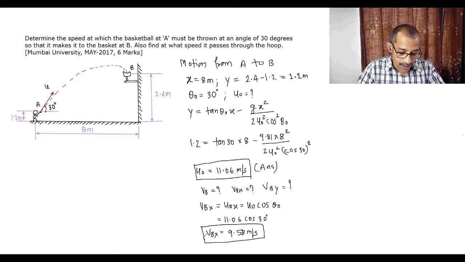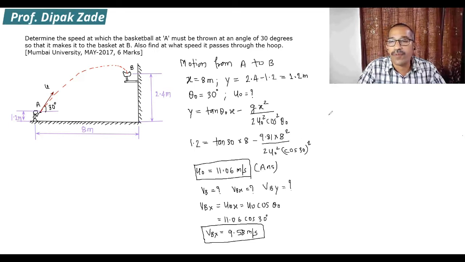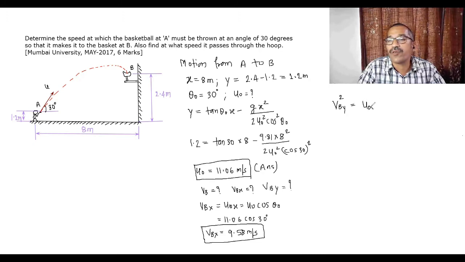Now to find the vertical component, u0y is easily possible because u0 is known and theta 0 is known. You know y also, that is 1.2 meter. That means VBY is easily possible applying our equations of motion. Vy square means final velocity. Here final is B. Therefore VBY square equals u0y square minus 2gy.